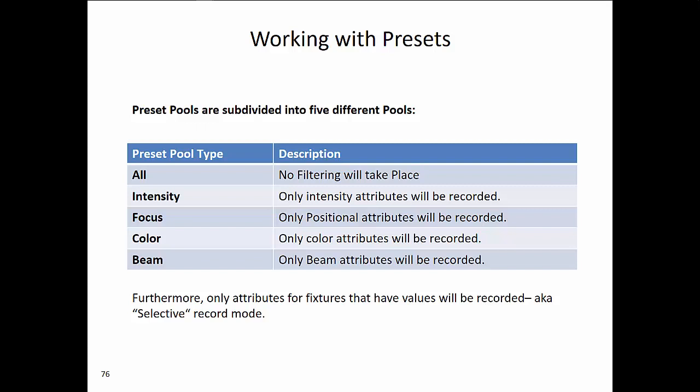You have the focus pool, which is all about position information, so only positional parameters will be recorded. Color, where only the color parameters will be recorded. And beam, where all beam parameters, which would include gobos, prisms, shutters, animation disks, zoom, iris, edge, everything that affects the beam will be recorded.